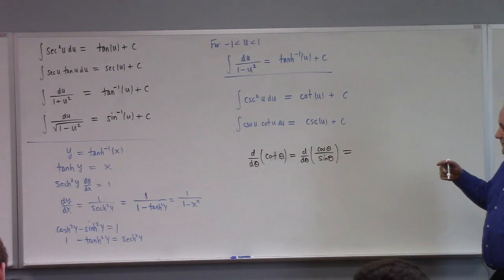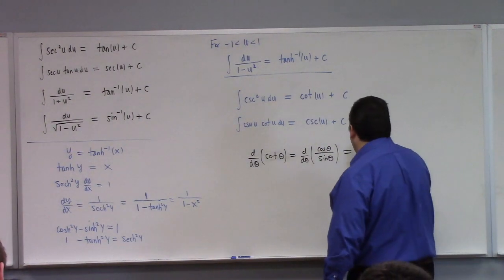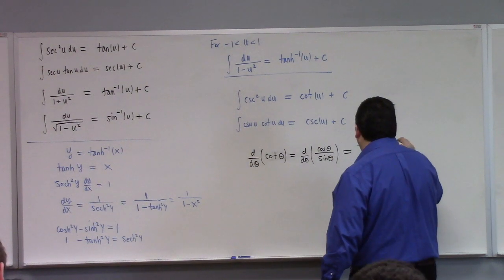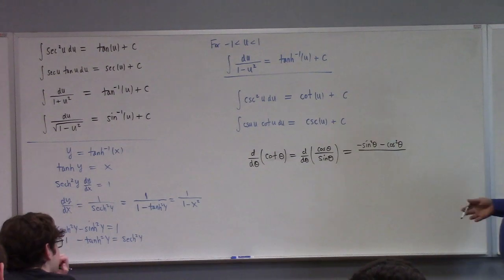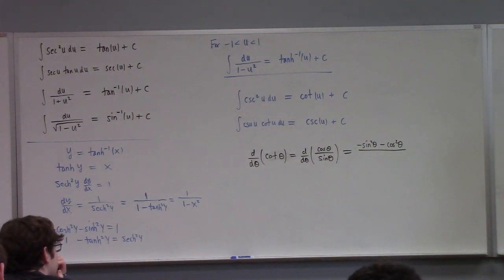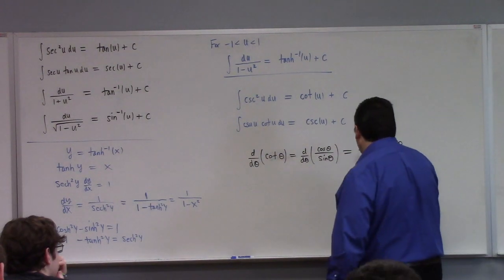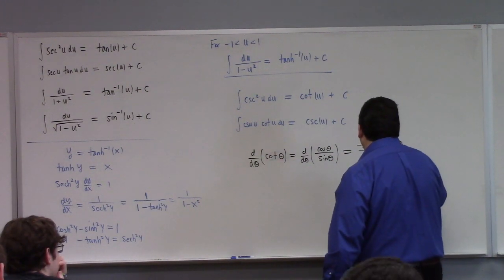Quotient rule. Derivative of the top is minus sine, so I get a minus sine squared theta, and then minus cosine squared theta, from the derivative of the top times the bottom, minus the top times the derivative of the bottom. And then, of course, we divide by the denominator squared, also known as sine squared. Wait a minute, what is that?